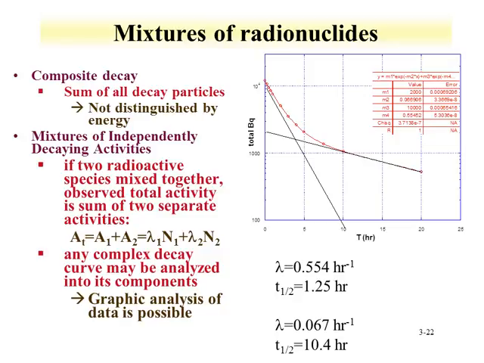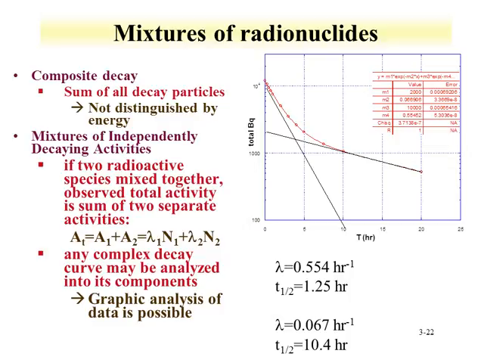The final topic on this first lecture of decay kinetics relates to a mixture of radionuclides, where we have a sum of all decaying particles based upon the radioactive isotopes that are in this mixture, not just one isotope, but many isotopes. If we have multiple isotopes, each isotope is decays independently, so the overall decay will be a mixture of these two isotopes.